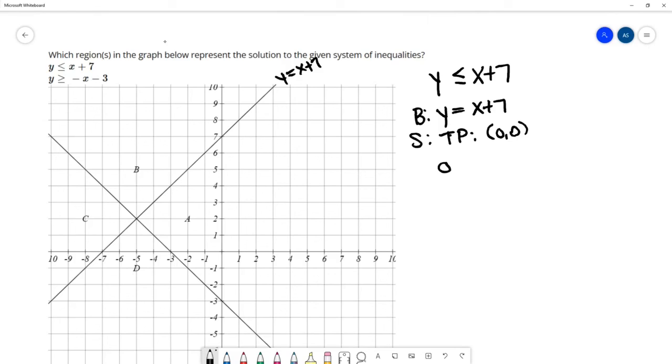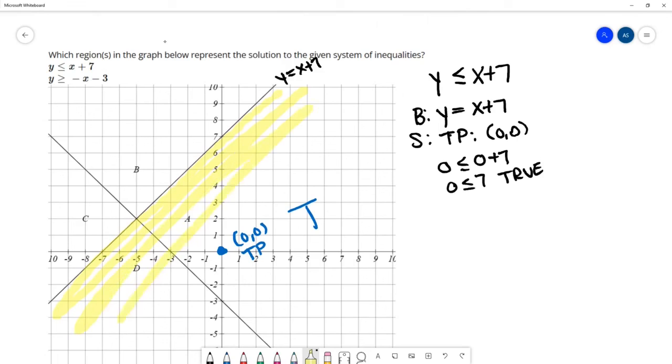We have 0 is less than or equal to 0 plus 7. 0 is less than or equal to 7. That's true. So here is my test point 0, 0. And it came out true, so that means that we're going to shade on the true side, which is below that line.